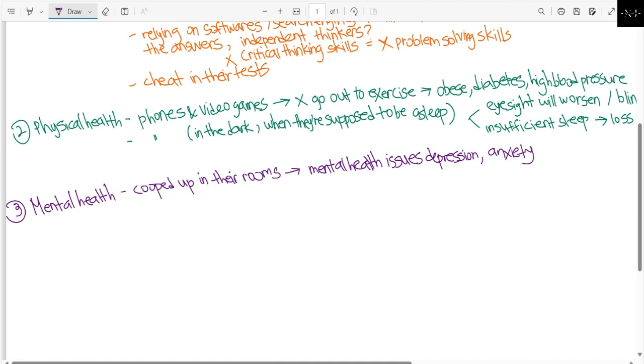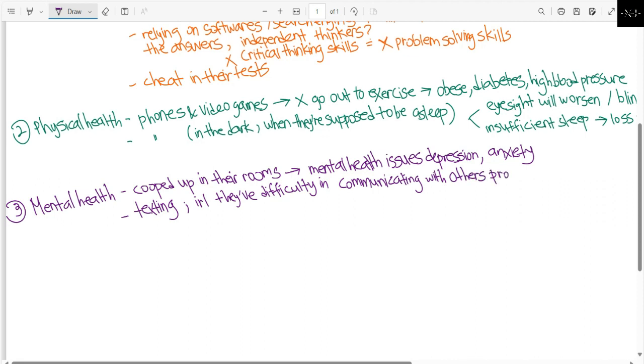Some will also feel anxiety, especially if they have to leave their rooms to socialize or to talk to others. So it takes a toll on their mental health for some of them if they are always relying on technology. Some people are always texting through messages, but in real life, IRL, they have difficulty communicating with others properly.